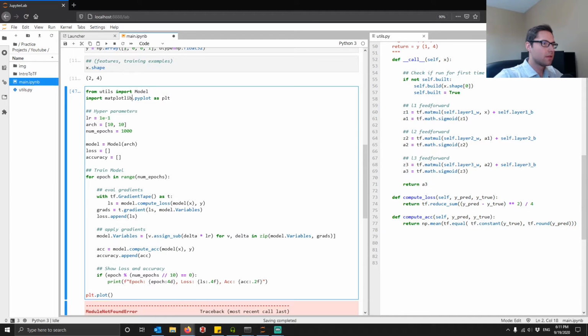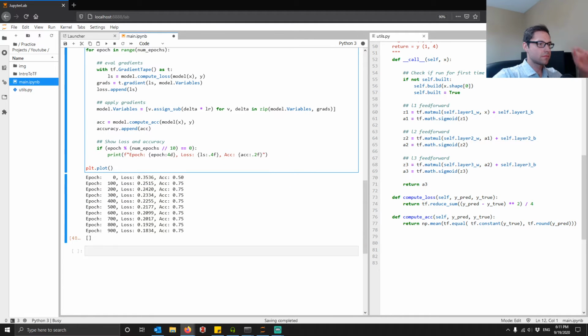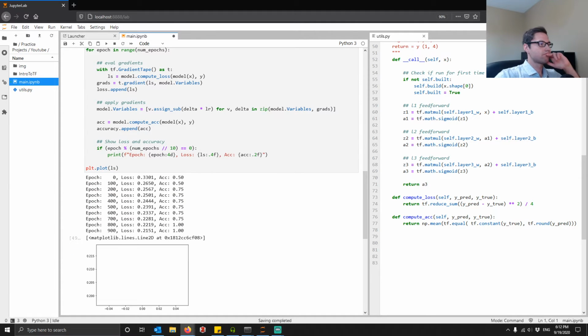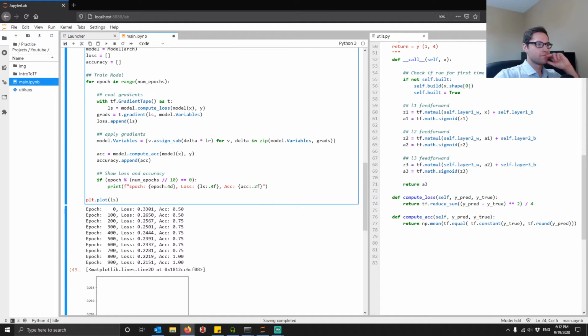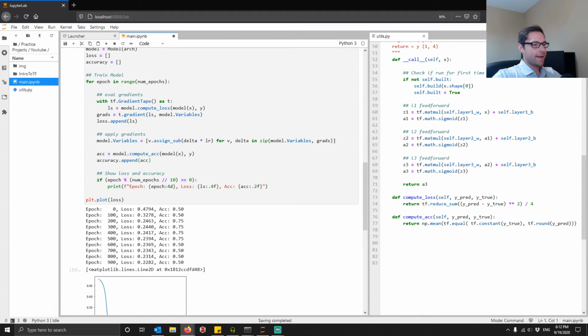I actually don't know why that's red. Anyway, so we're going to plot our loss. Let's just see what that loss looks like over time. Looks like nothing because we called it the wrong thing. So we'll see what that looks like.